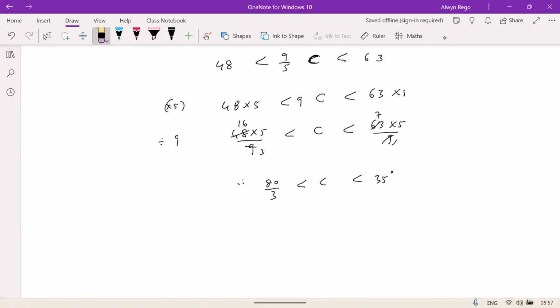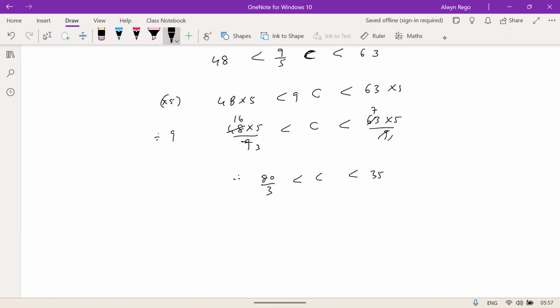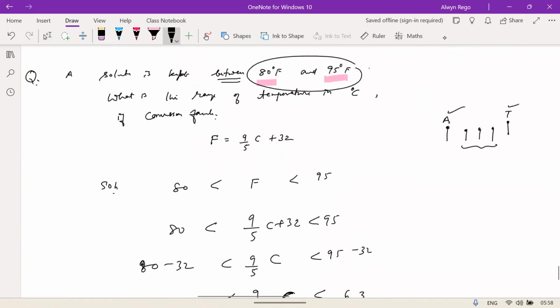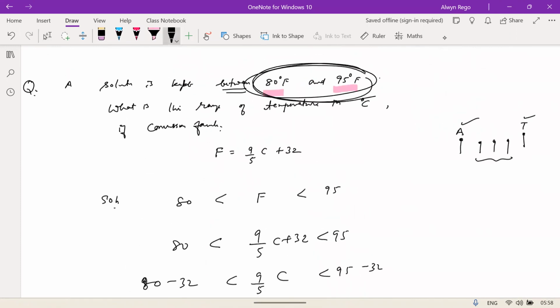So I can say the degree Celsius must be stored between 80 by 3, whatever the mixed fraction is, so many degrees Celsius and so many degrees Celsius. This is where you should be storing it, the instructions on the label which says to store between these.